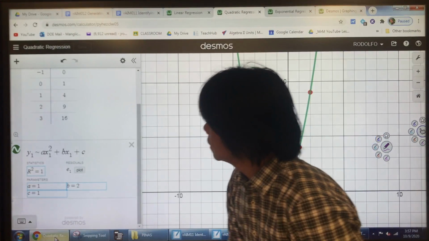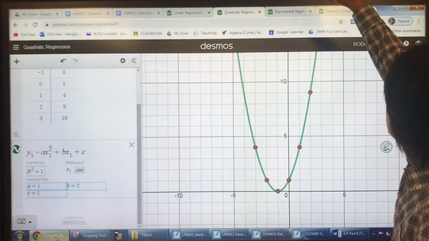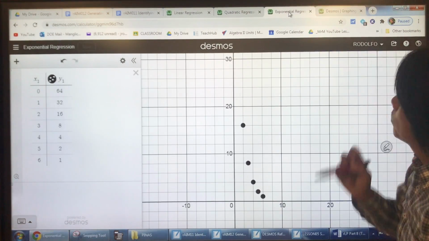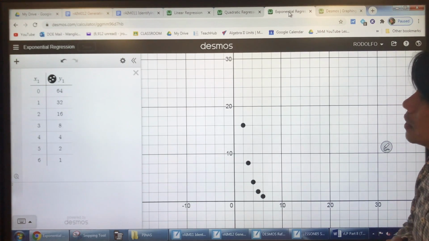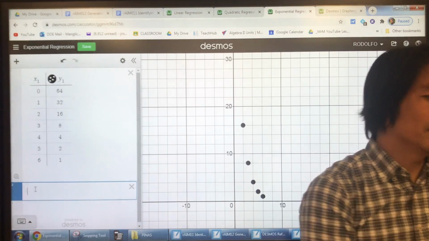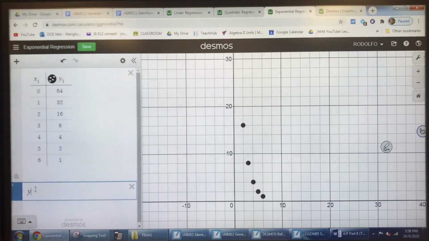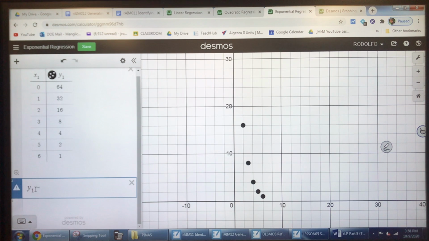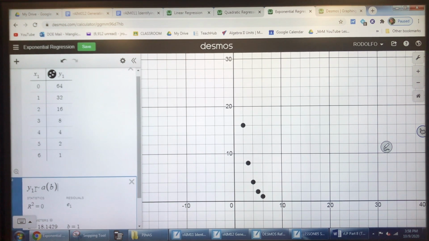Let's take a look. Go back to the Desmos exponential regression. Okay, now I'm going to use my laptop this time. Y sub 1 squiggly A parentheses B parentheses.